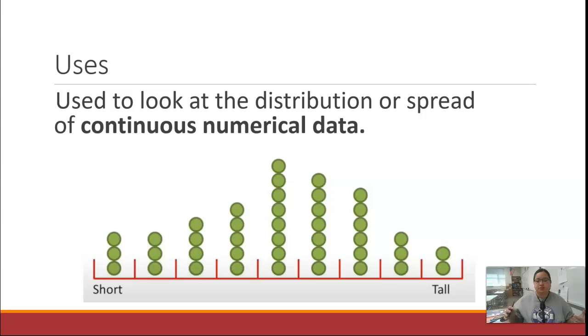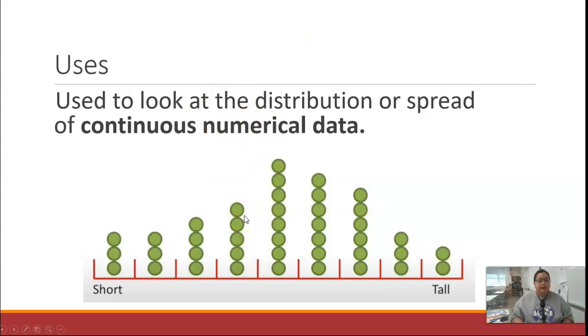We use histograms for grades, height and weight, income, and anything else that has a numerical data point. We would not use a histogram for things that are categories, like what degree you have, or what your favorite pizza is. Those things would have to go onto a bar graph.